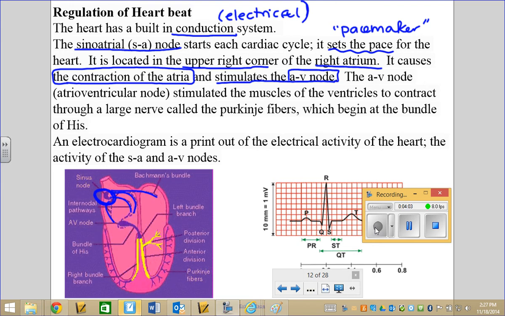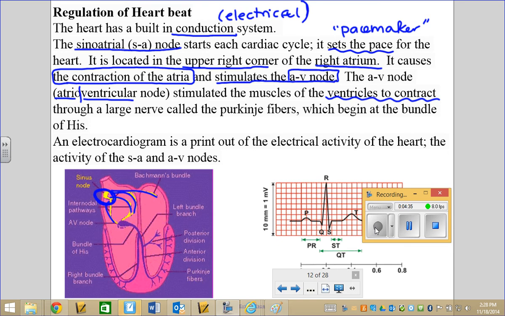The AV node is shorthand for atrioventricular node, so it's telling you exactly which two things it's connecting, the atria and the ventricles. Now this node stimulates the muscles of the ventricles to contract. And the way that it does this is through a really, really large nerve fiber.